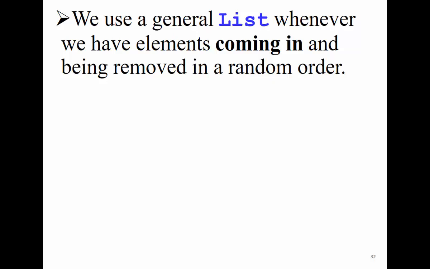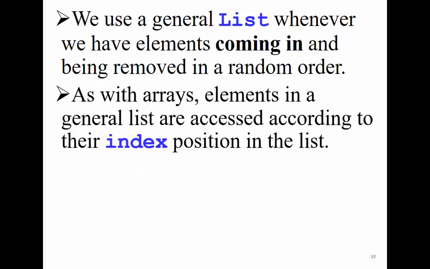We use the list whenever we have objects coming in and being removed in random order. As with the array, elements in a general list are accessed according to the index. Again, inside the list, we can access the element through the index.